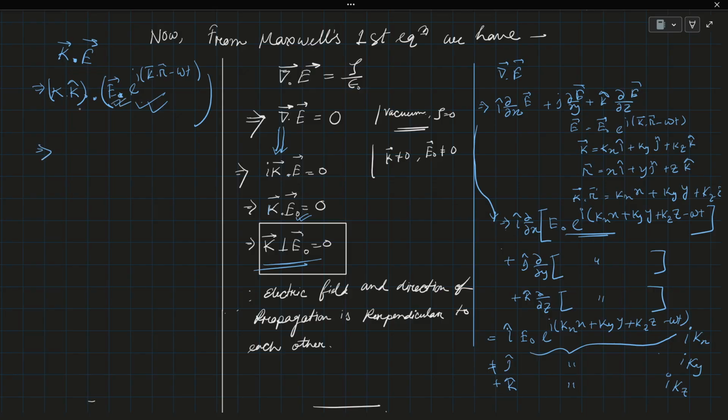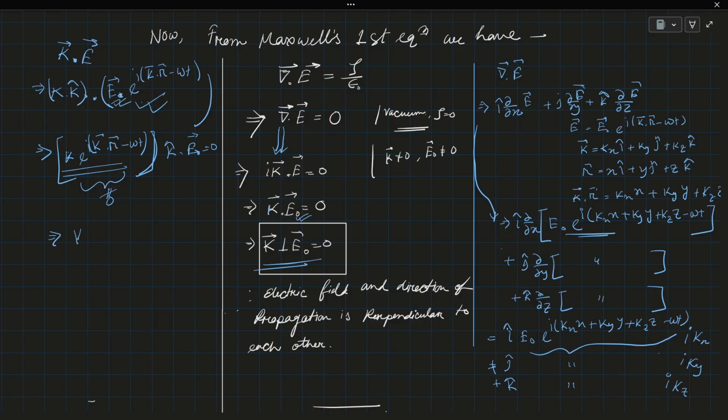So what I can write, k and E with e to the power i (k dot r minus omega t), can be written like this, with k cap dot E naught vector. So k is some magnitude, and let's say this can be 0. It doesn't matter whether k is 0 or not, obviously k can be 0 and this will also not be 0.